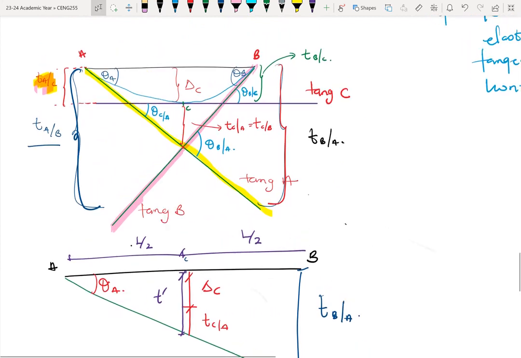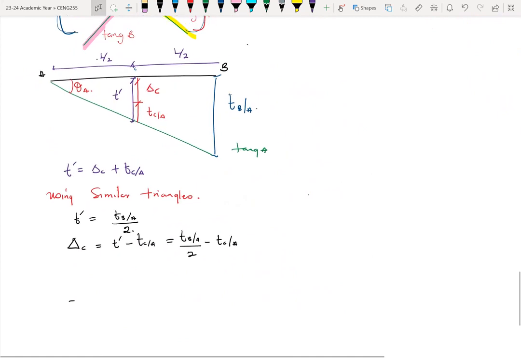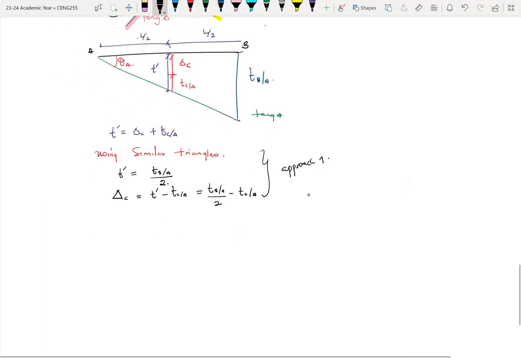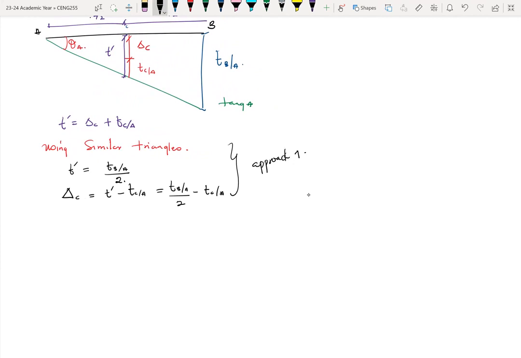The other way to look at it, let me call the previous one approach 1. The other way to look at it would be, again, back to the beam, then back to our curve.